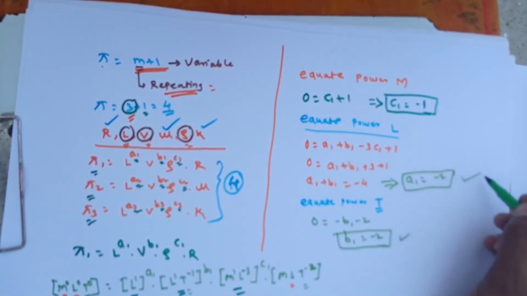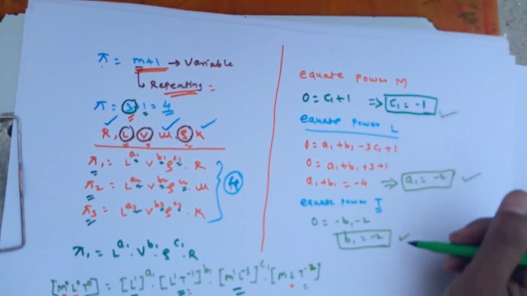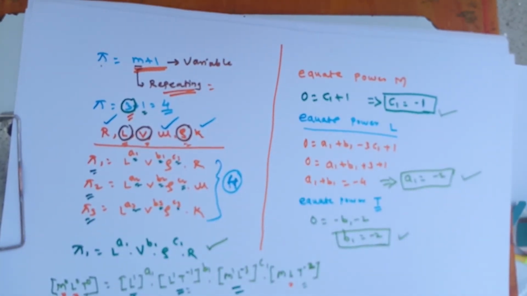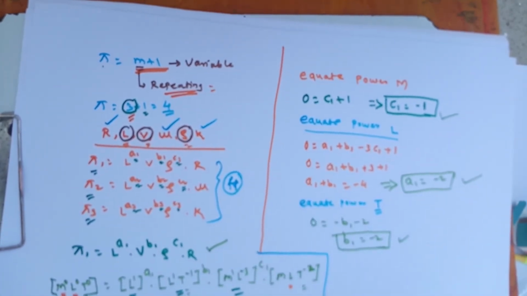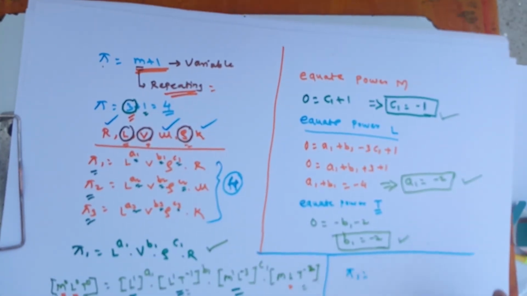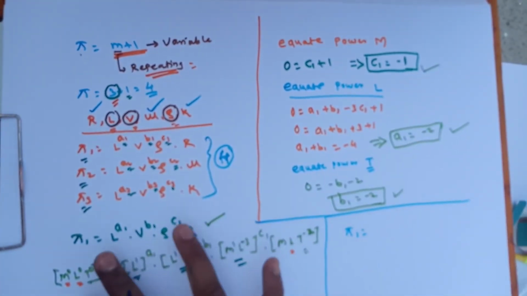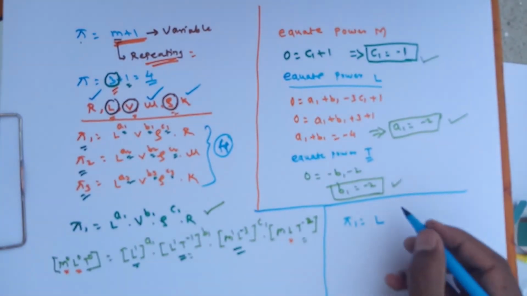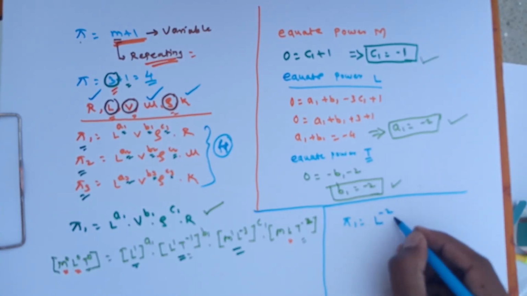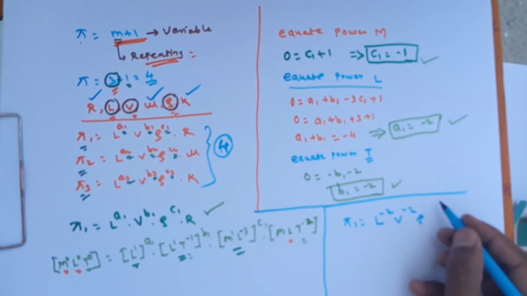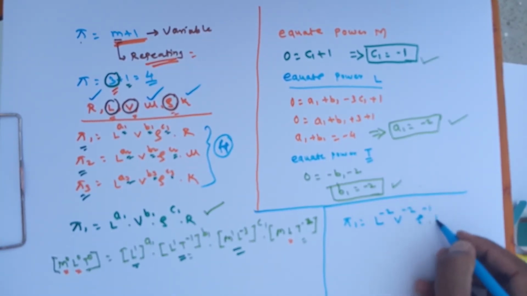So as I am getting the values of a1, b1, c1, put those values of a1, b1, c1 in the pi term. So I will get the first pi term, that is pi 1, equal to l raised to a1, a1 is nothing but minus 2, p raised to b1, b1 is nothing but minus 2, rho raised to c1, c1 is nothing but minus 1, into r.